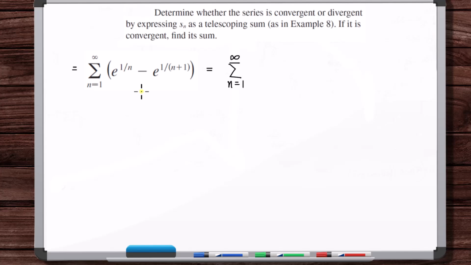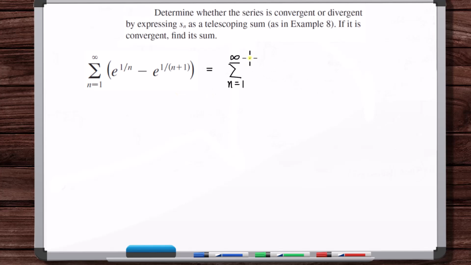And it is a property that if you have a sequence, you can take the natural log of every term. But that seems a little too advanced for where we're at in the book right now, so I'm not sure if that's what they're expecting us to do.